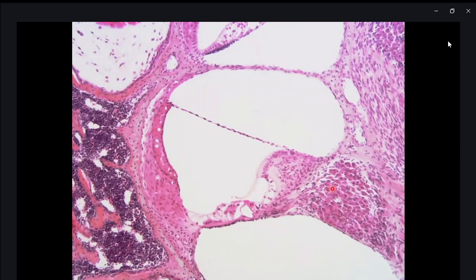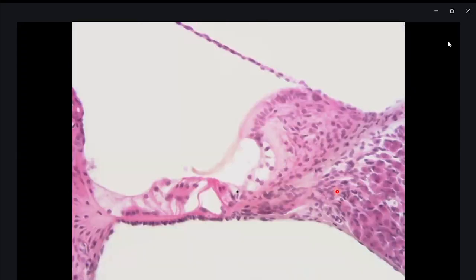So let's look at the higher magnification to see the organ of Corti. Here we have the tectorial membrane, and this tectorial membrane is gelatinous in nature, and the hair cells are embedded in the tectorial membrane.